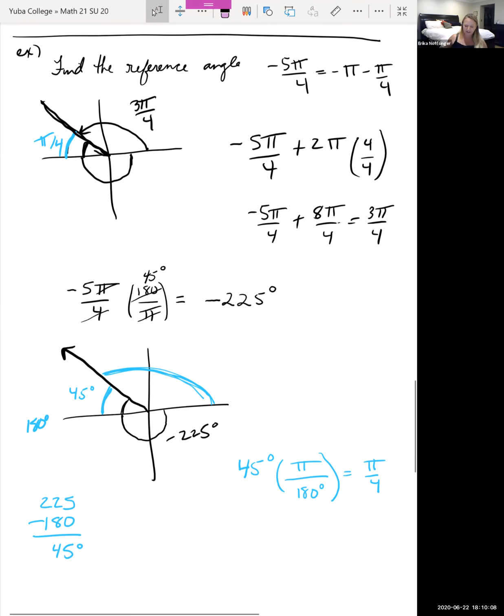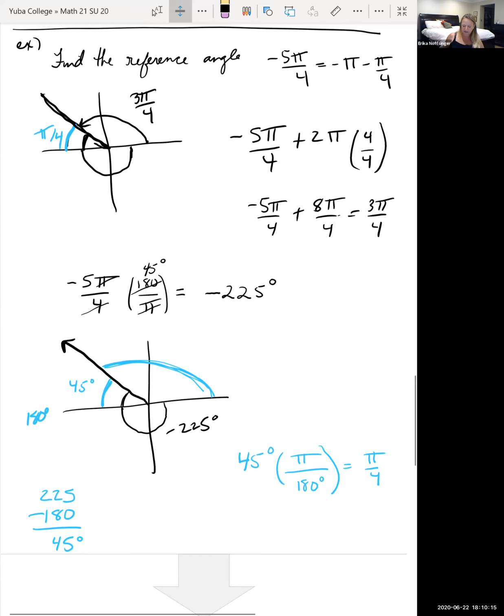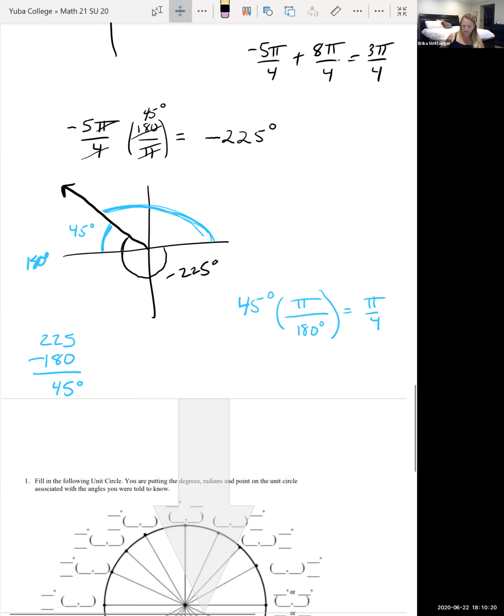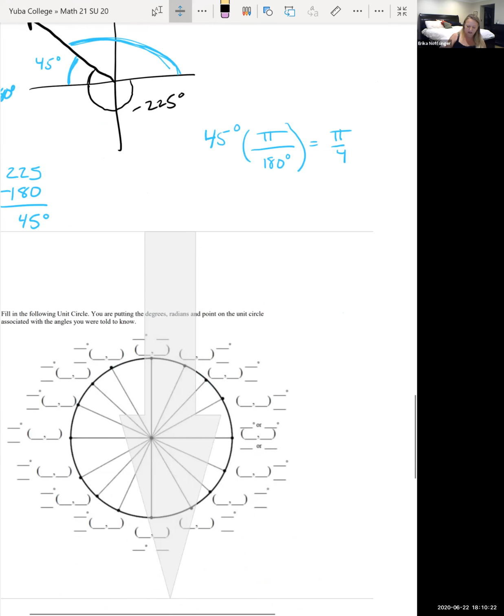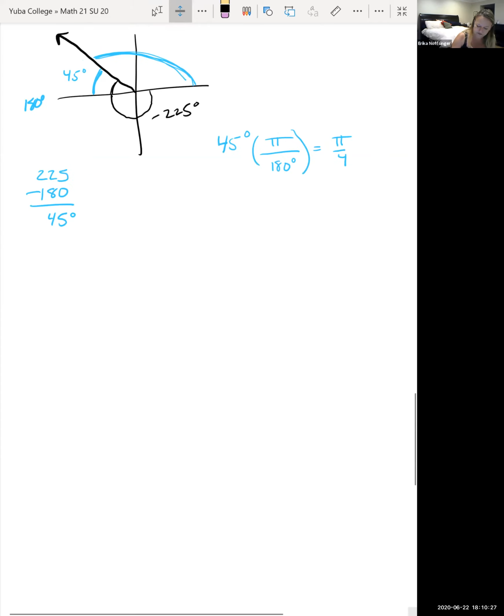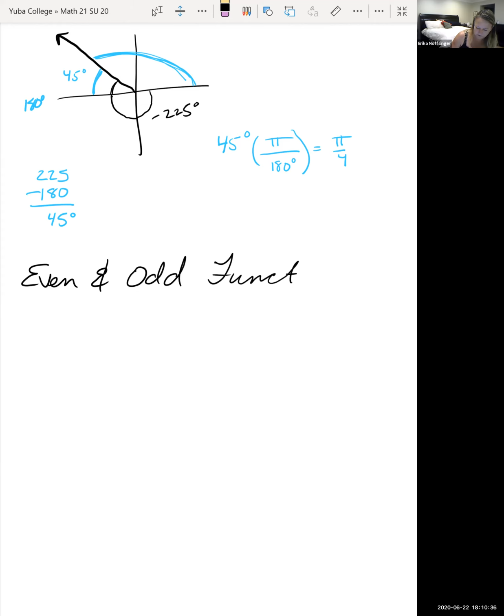So, even and odd functions. I can just do this real quick. Okay, so what does it mean to be an even function?